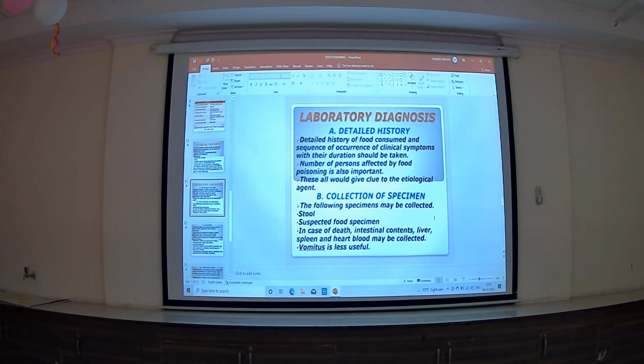Collection of specimens like stool, suspected food specimen, may be done. If death occurs, liver, spleen and blood may be collected.